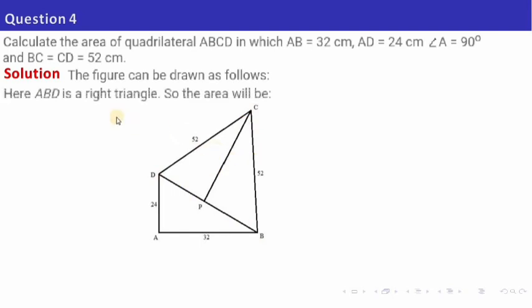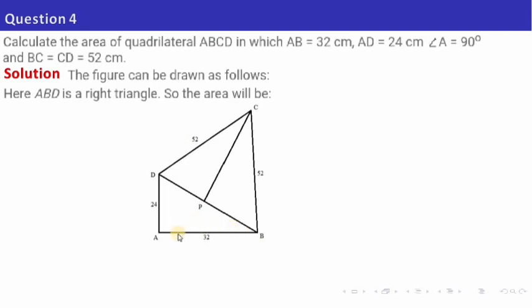Here triangle ABD is a right angle triangle, isn't it? If you observe this triangle, it is a right angle triangle because this is 90 degree. First we'll find its area. Since it is a triangle and you have already seen the exercise on triangles, you will be able to calculate its area.